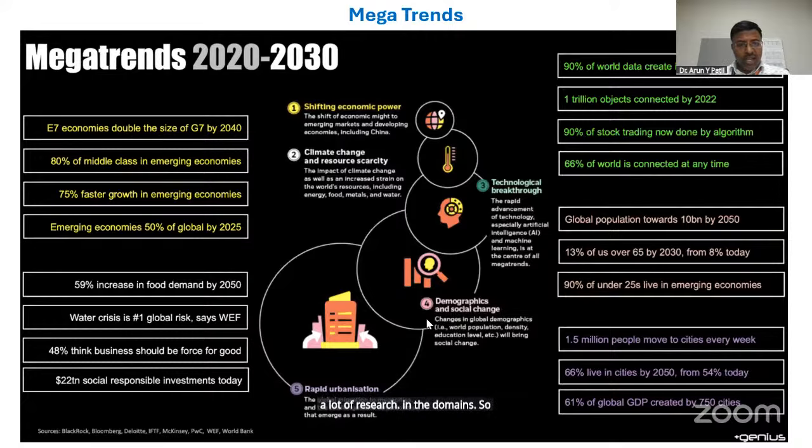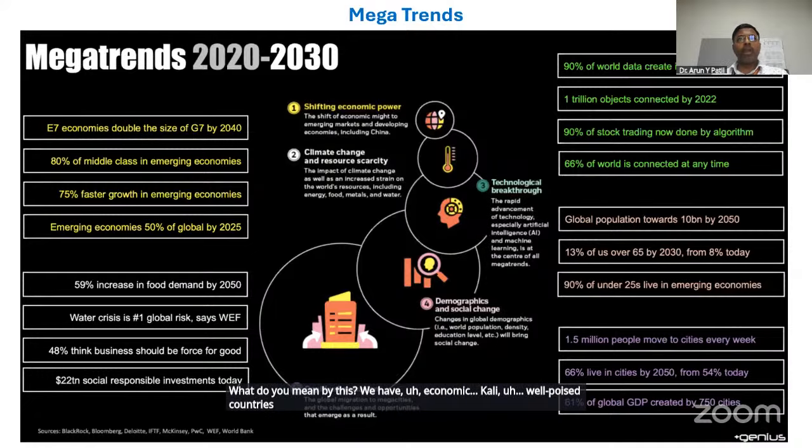So what exactly the focus here now is, you can see E7 economies double the size of G7 by 2040. What do you mean by this? We have economically well poised countries, which are developed countries, and we have something called underdeveloping countries.